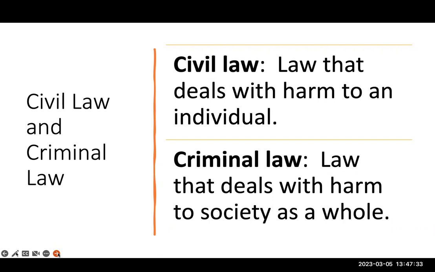Similarly, gambling is legal in some states, illegal in others. Things like use of marijuana, legal in some states, illegal in others. So again, this shows the effect of our federal system.